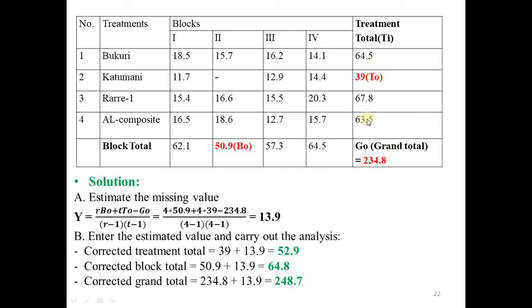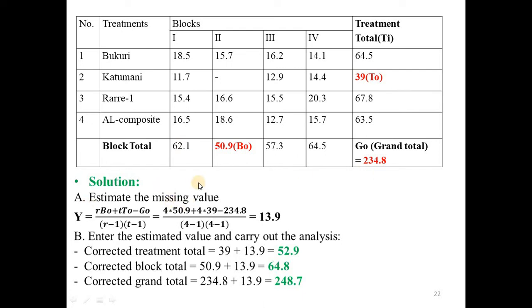When we sum up all these values we obtain this much grand total, or we can obtain it by summing up all these values in the other way, and the value is the same.